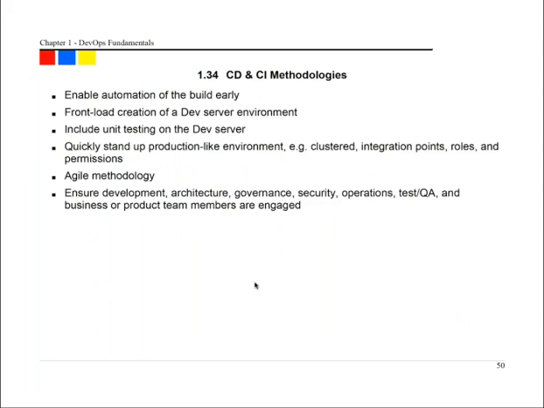These methodologies enable automation of the build really early on. They start to shift left the activity of getting server environments, deployment environments ready and starting making use of them. It encourages us to actually do testing on environments that are similar to production.